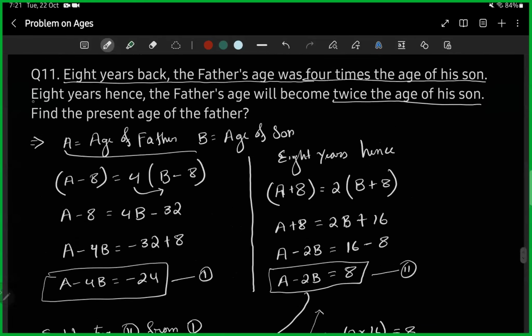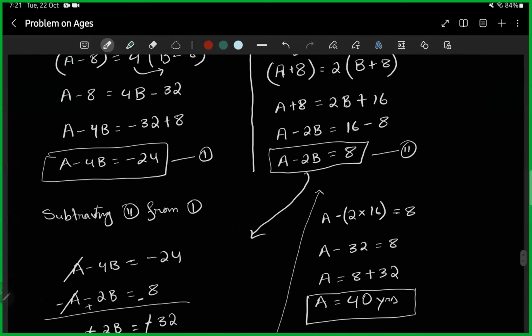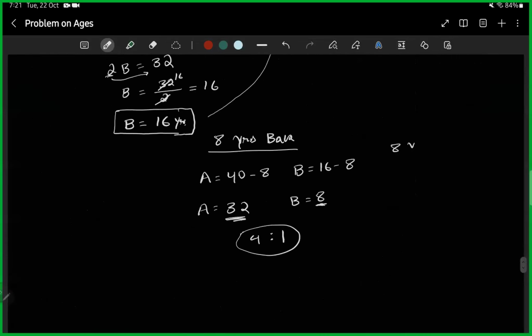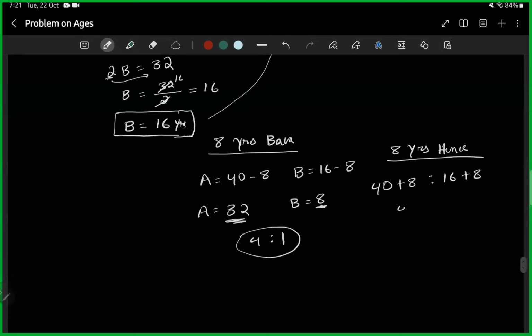Now 8 years hence, the father's age will become twice the age of his son. So let us take the second condition. For the second condition, we have the father's age, I'll just write directly 40 plus 8, and then the son's age, present is 16. 8 years into the future, you add 8 again, so 48, and here we have 24.